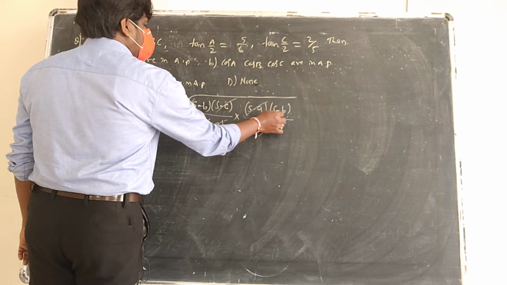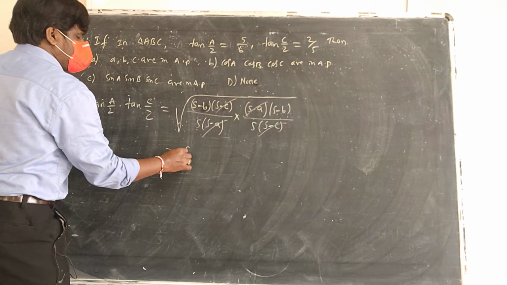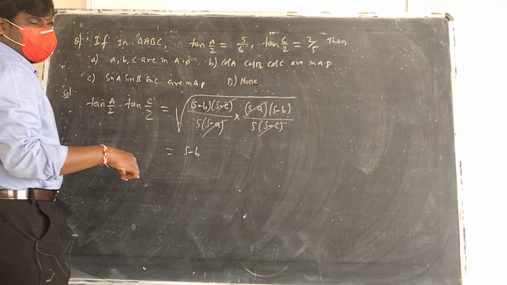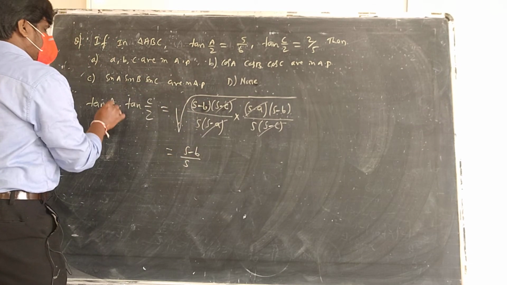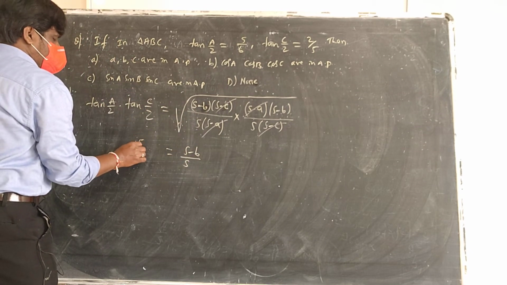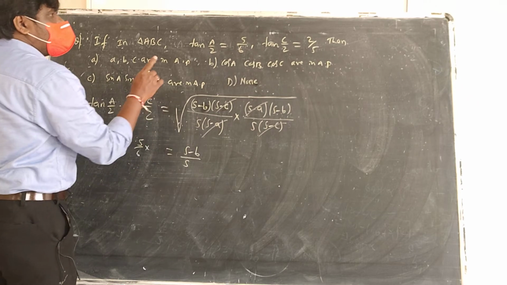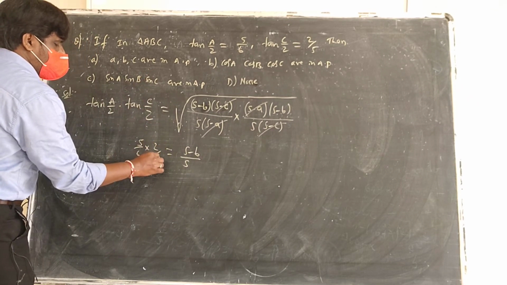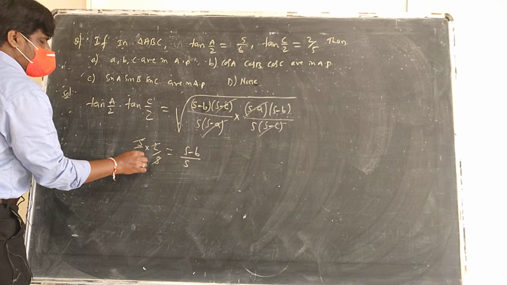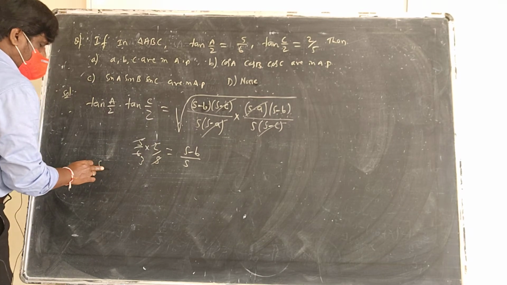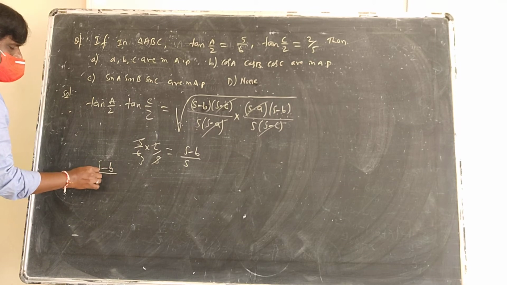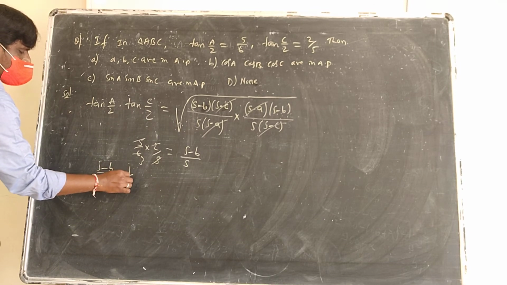Here (S minus B) whole square becomes S minus B, and in the denominator S square, the square root cancels. And here tan A/2 is 5/6 and tan C/2 is 2/5. The 5s cancel, and 2 ones are 2, 3 twos are 6, so they cancel out. So you can see that (S minus B)/S is equal to 1/3.